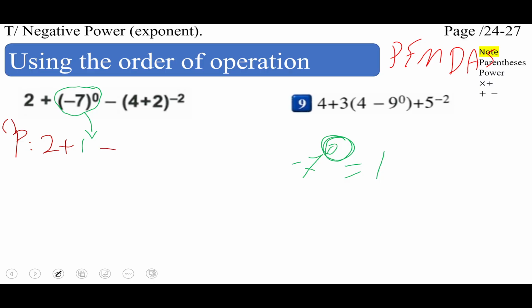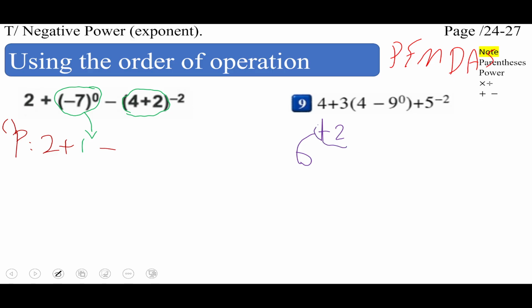So what is the answer of this one? 4 plus 2, it's going to be 6. So I will say 6 to the power of -2. Today's lesson is about negative powers.